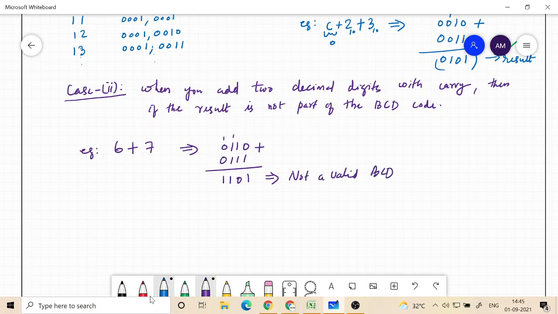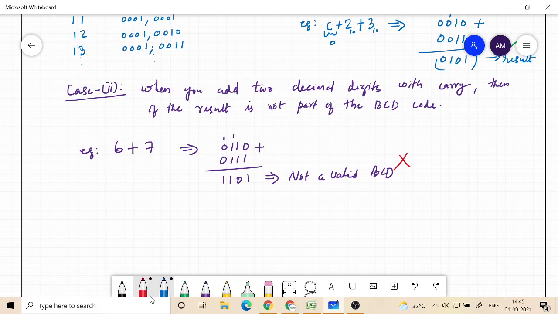When we use BCD code, this is unknown. We never expect something like this to come as input anywhere, because only 10 codes we are using. 6 of them we are never using. So this is an error. This is not a valid code. So 1101 is not correct.